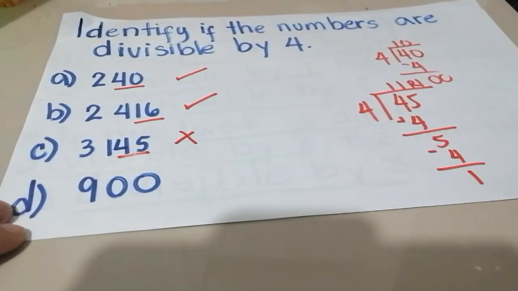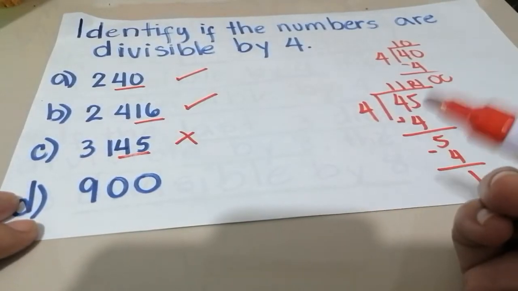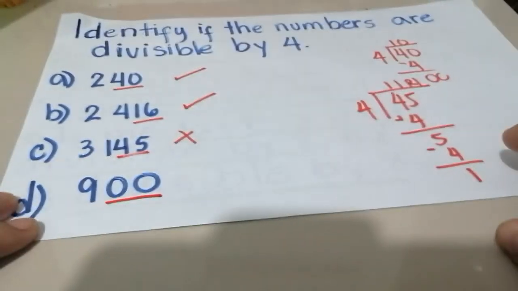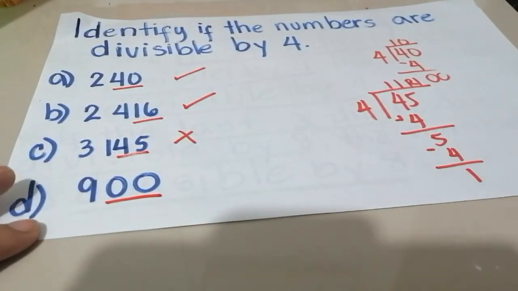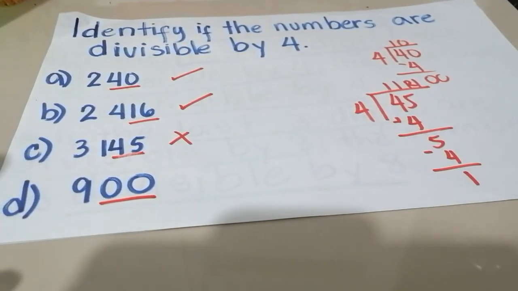Okay, next, the last one is 900. What are the last 2 digits of 900? It's 0, 0. If the last 2 digits of a number are 0, it is always divisible by 4.